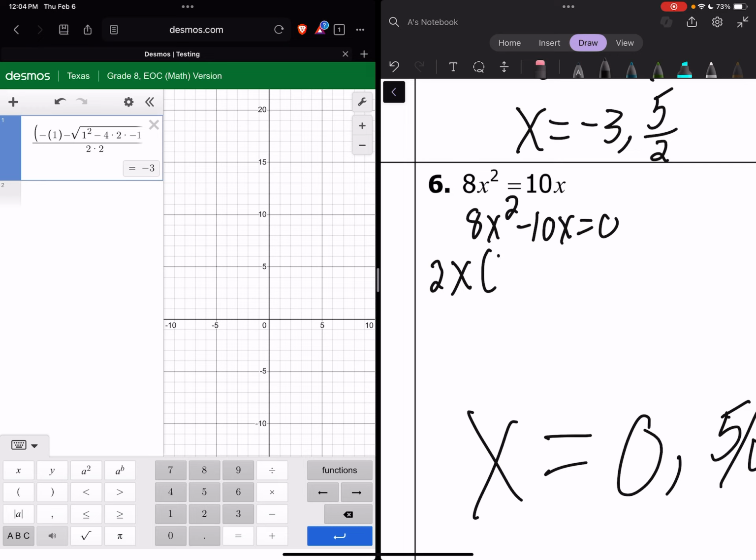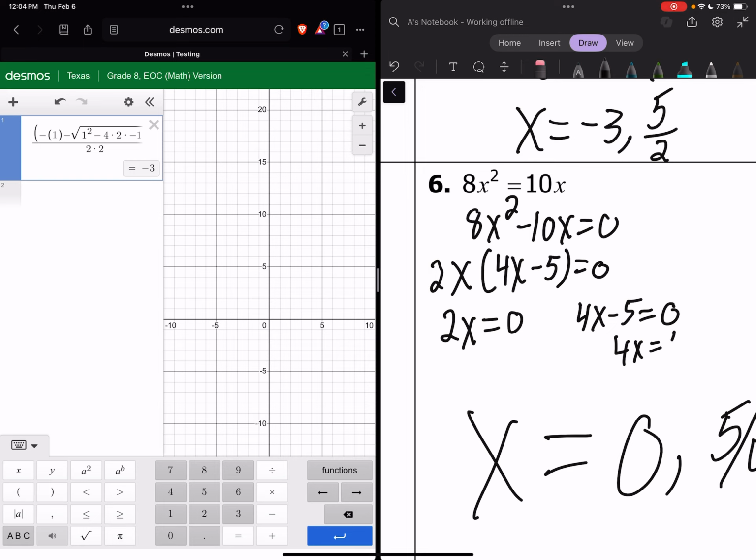2x would be the GCF, but I'd be left with 4x minus 5. This would just be solving 2x equals 0, 4x minus 5 equals 0, 4x equals 5, x is equal to 5/4.